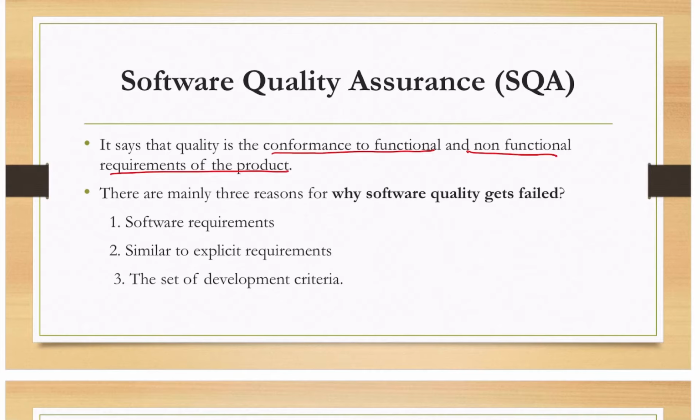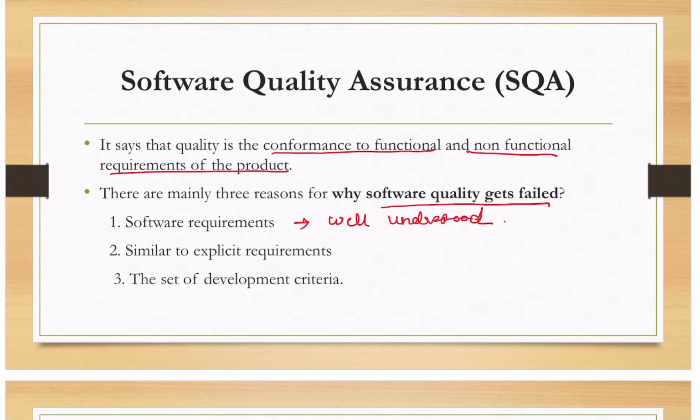Basically there are three main reasons why software quality fails. The first one is software requirements. Software requirements must be well understood before the software development process begins.